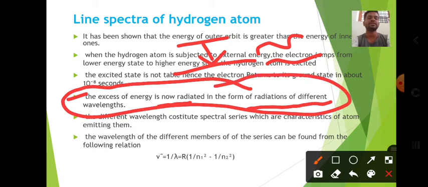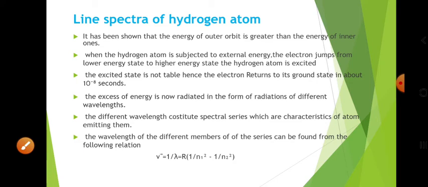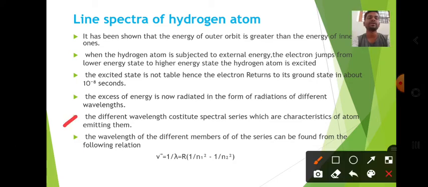The different wavelengths constitute spectral series, which are characteristic of the atom emitting them. Whichever atom is emitting, those are that atom's characteristics.